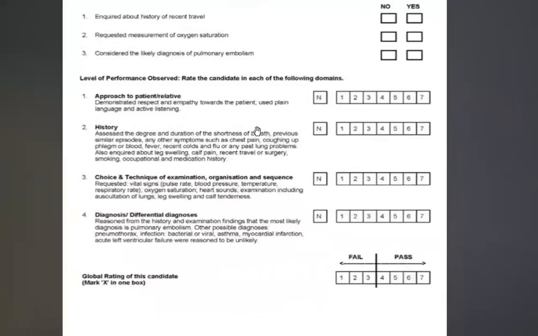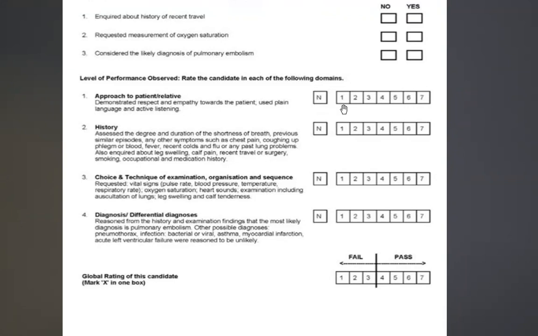Then we have a few domains that we are assessed in. We will be marked from 0 to 7. 0 means that we have not reached the task, and 7 means that we have thoroughly done it.